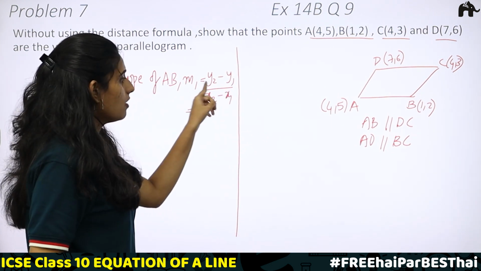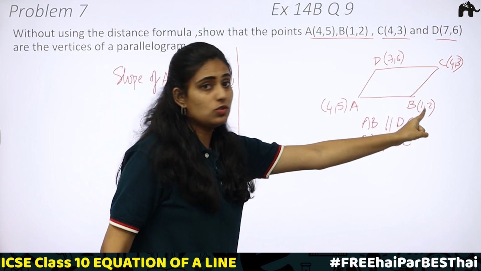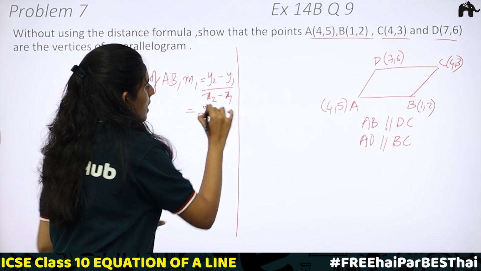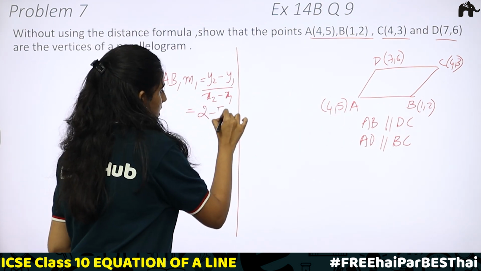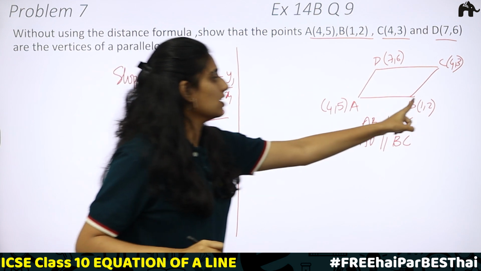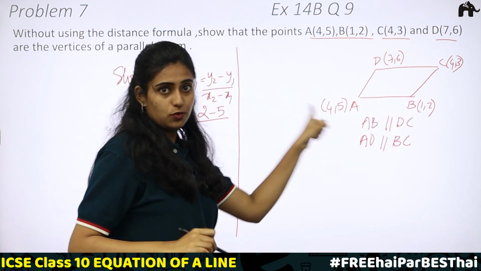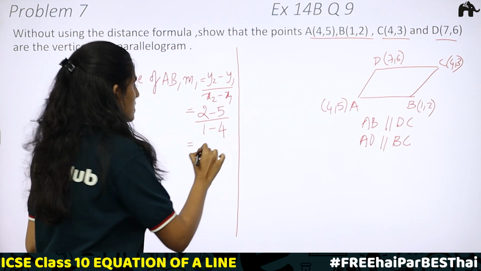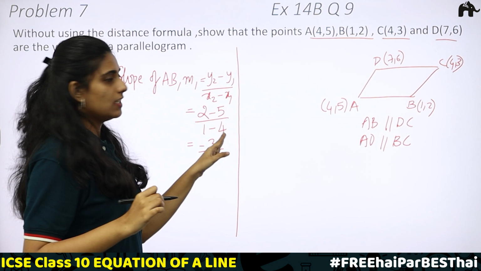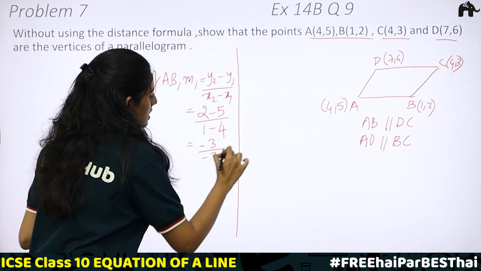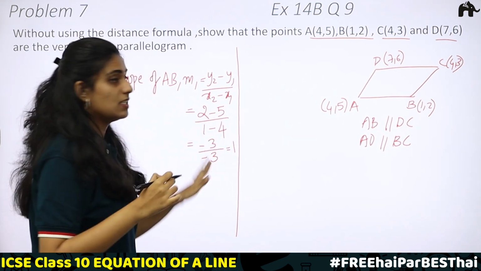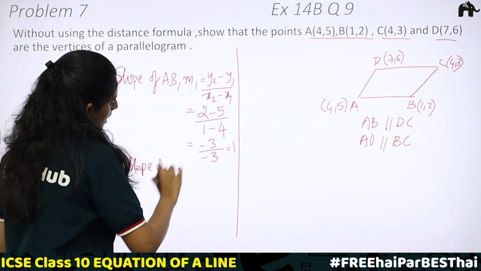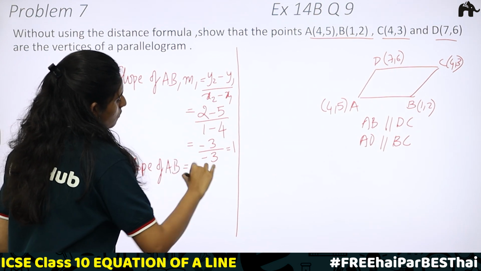What is y2? y2 is the y coordinate of point B. Here we have 2 minus y1, which is 5, divided by x2 minus x1, where x2 is 1 and x1 is 4. 1 minus 4, that is equal to 2 minus 5, which is minus 3, divided by 1 minus 4, which is again minus 3, which is equal to 1. Minus 3 by minus 3 is 1. Therefore, we have slope of AB equal to 1.